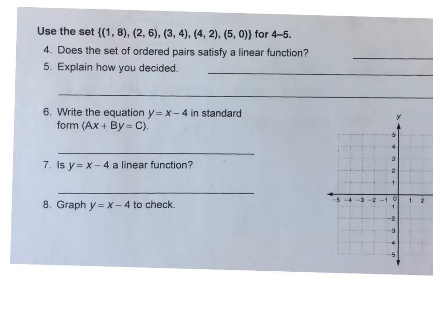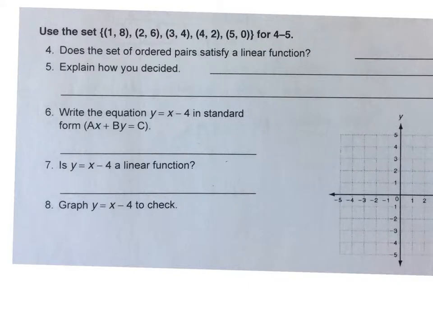On this next section, we're going to look at these ordered pairs. And some of the questions, does the set of ordered pairs satisfy a linear function? Remember, for it to be a function, x's can't repeat. But in order for it to be a linear function, we have to check the slopes. And then we're going to talk about standard form next, and then we're going to learn how to graph it.